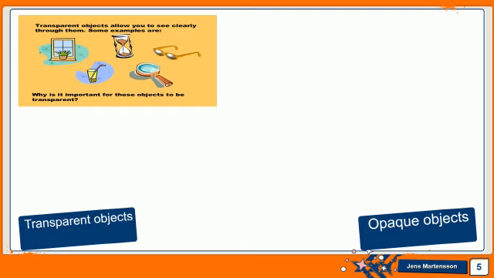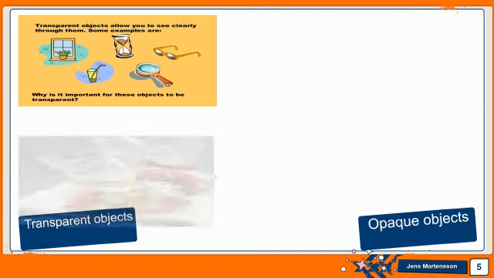These are the examples of transparent objects. Dear students, look at these examples. We can see clearly through these objects easily. Like we can see clearly through the glass window easily that what is outside. Same like that, we can read clearly through the magnifying glass.